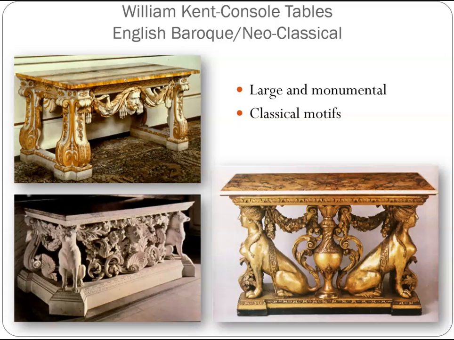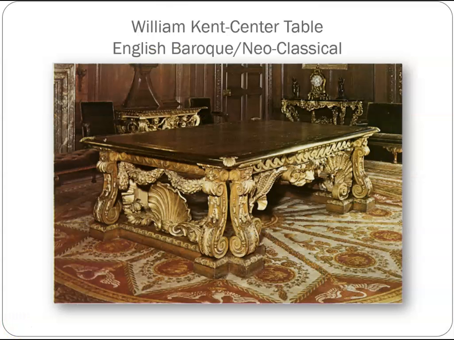We have very classical motifs throughout the design. Another thing to note with William Kent's council tables is that they are very large and monumental in scale. Here in this design, we see the wave motif, the shell design, and again a very large monumental scale.